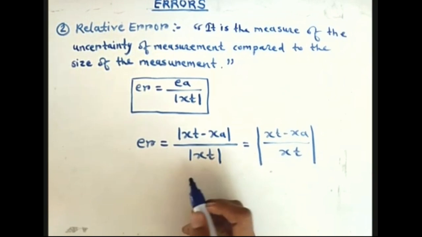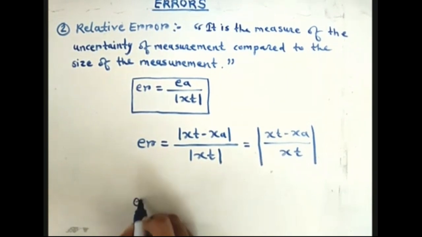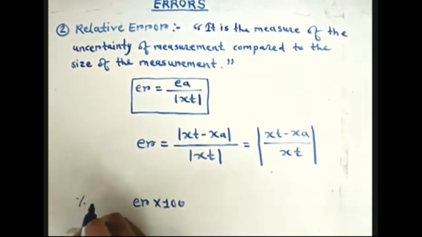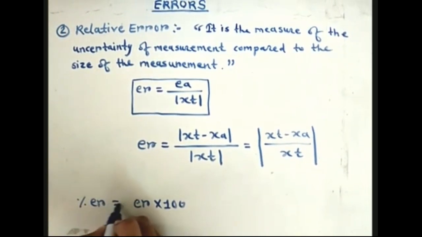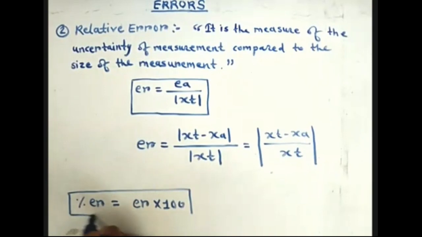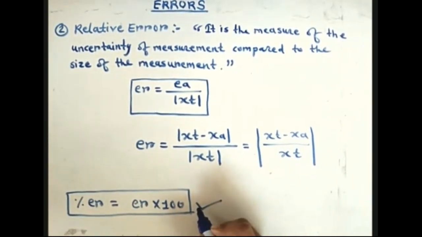In the same way, percentage relative error can be calculated by the formula ER into 100. This is the formula for percentage relative error.